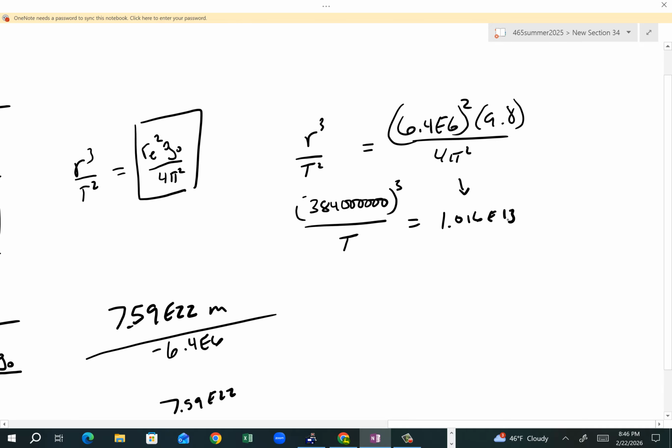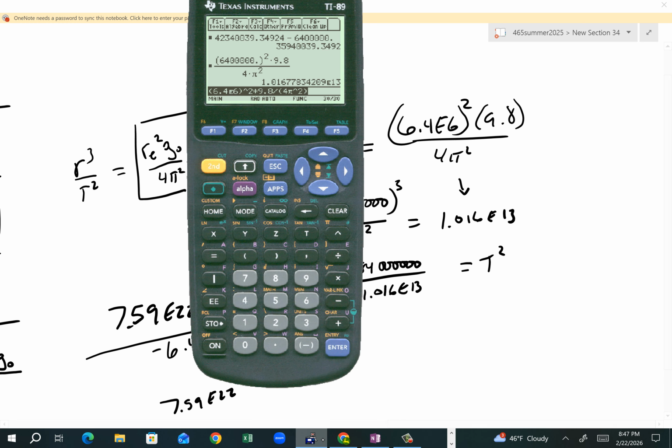This is t squared. So then if you just play musical chairs, you get t squared is equal to 384 million cubed over 1.016 E13.